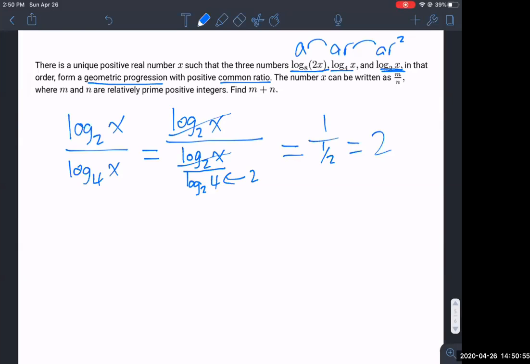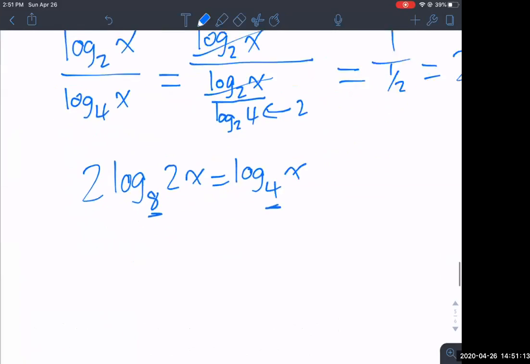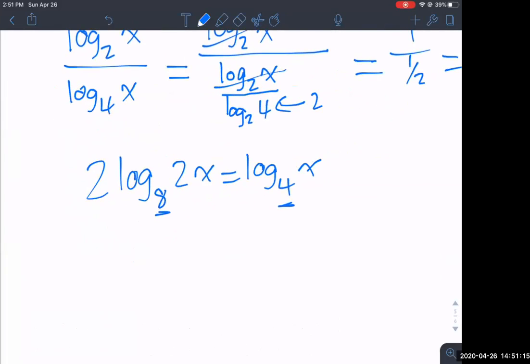Now let's see, 2 times log base 8 of 2x is equal to log base 4 of x. Let's turn all of this to log base 2, because we definitely can't combine 8 and 4, but they're both powers of 2.